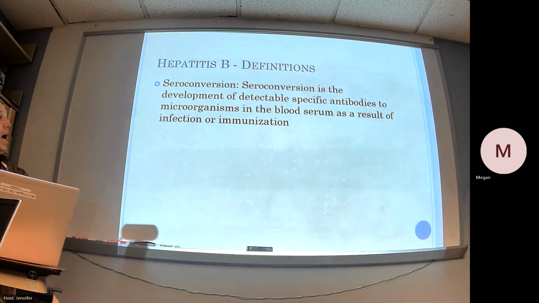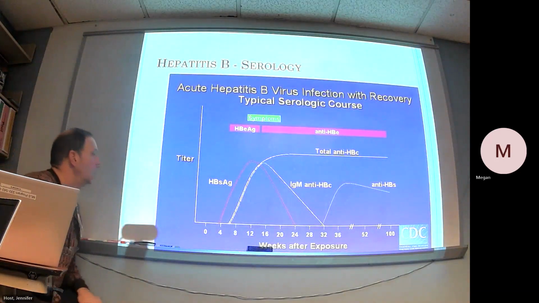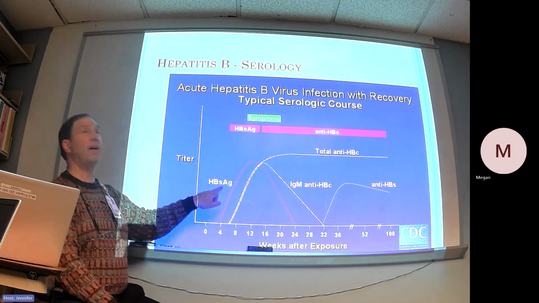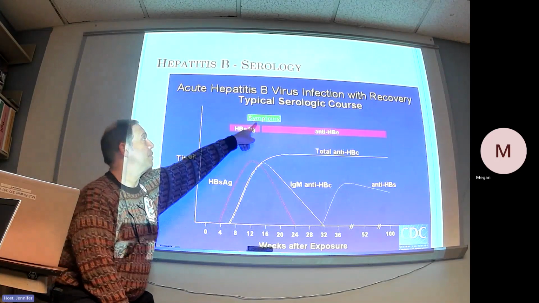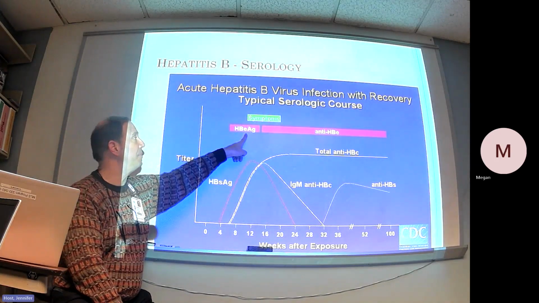Okay. So in any virus, seroconversion is antibodies, something we can look at. So this is classic. You have an exposure. Weeks after exposure, you are making virus and you're having symptoms and you're very infected. Beware of the BE antigen.